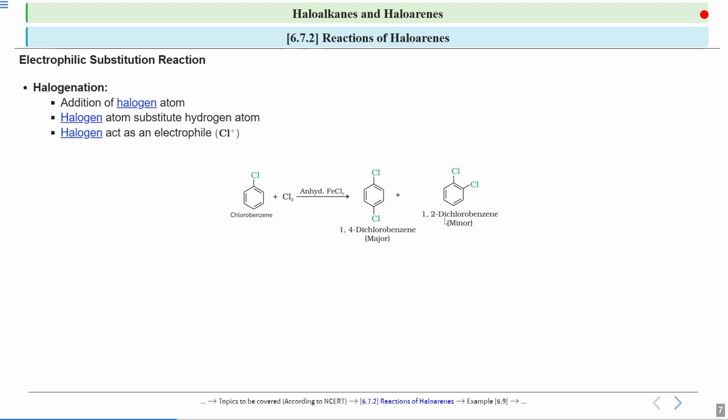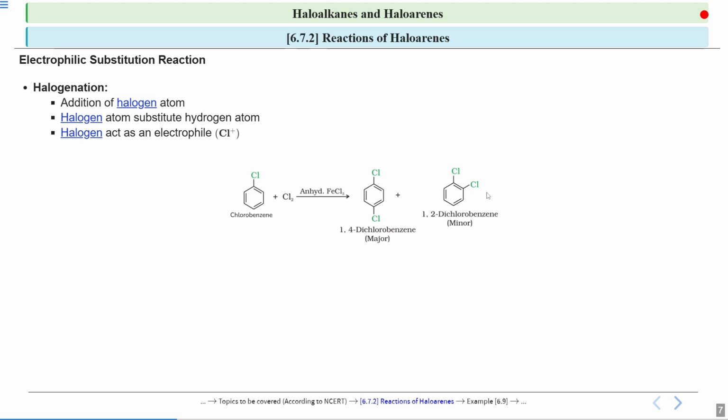Along with that, you will also get a minor product, 1,2-dichlorobenzene, where the electrophile attacks on the ortho position. Due to the symmetry in the para substituted haloarene, this 1,4-dichlorobenzene, where the chlorine electrophile attacks at the para position, will be the major product.